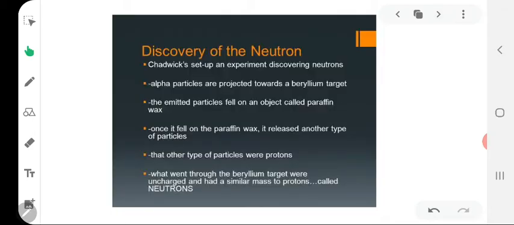Based upon the experiment, Sir Chadwick found that this neutral particle present inside the nucleus of an atom carried no charge, and its mass was 1.675 × 10^-27 kg, nearly equal to that of a proton. So after this very important discovery, the third fundamental particle, that is the neutron, came into existence.